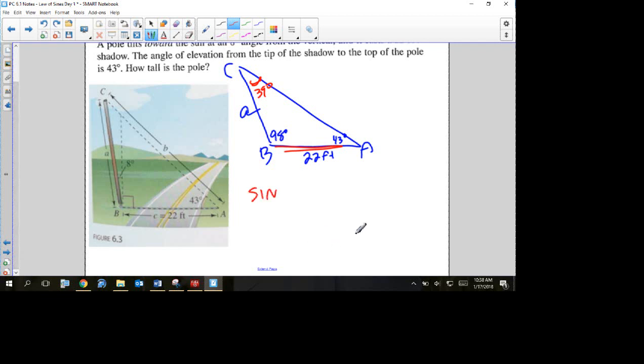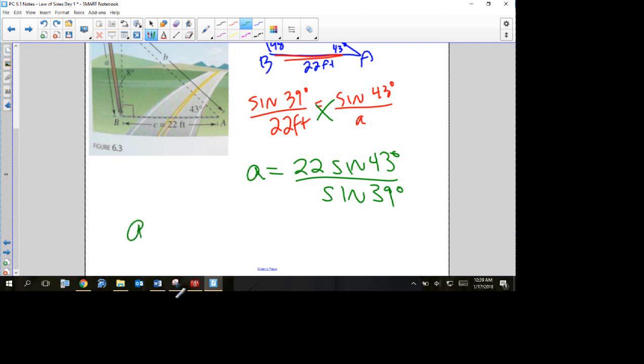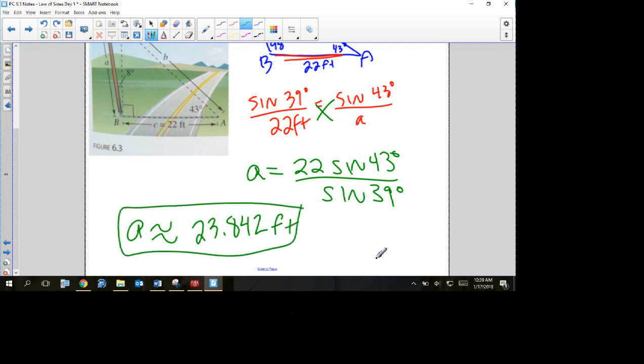So I'll say sine of 39 degrees divided by 22 feet is equal to, and we need to use angle A so we can find side A, sine of 43 degrees divided by A. Cross multiply, solve for A. And that's all they asked you to find on that.